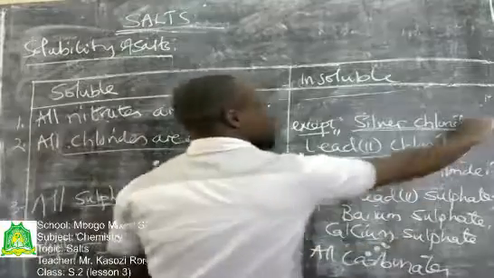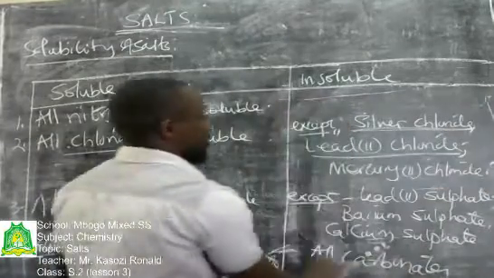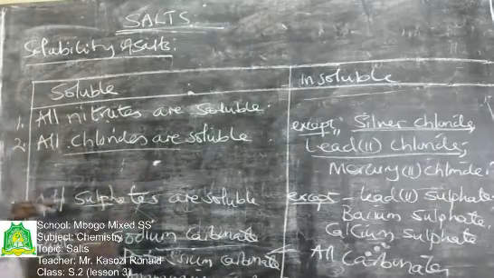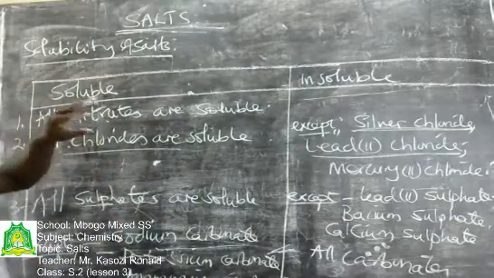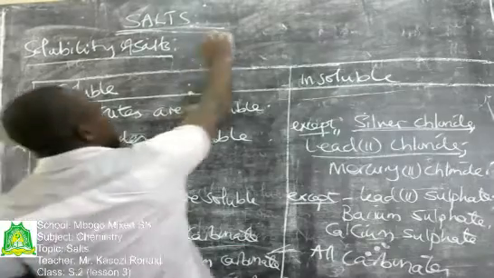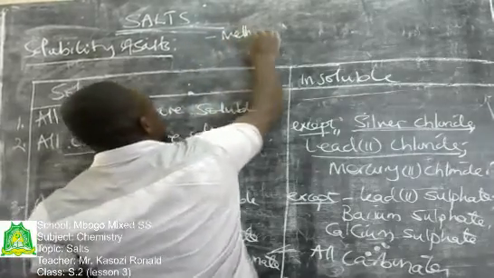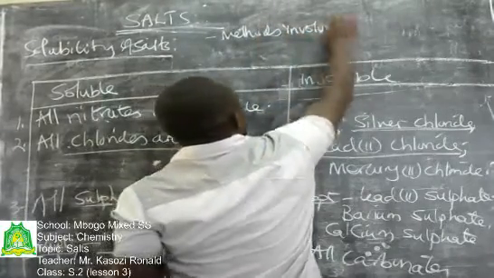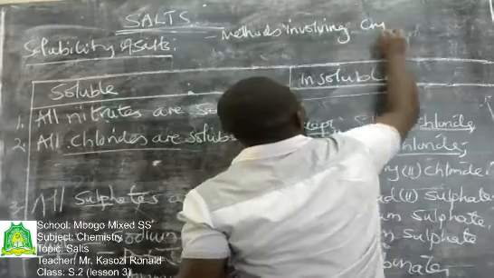So all these insoluble salts are prepared by the general method, that is the precipitation method. Then those that are soluble, we prepare them by one, neutralization, or we say methods involving crystallization.